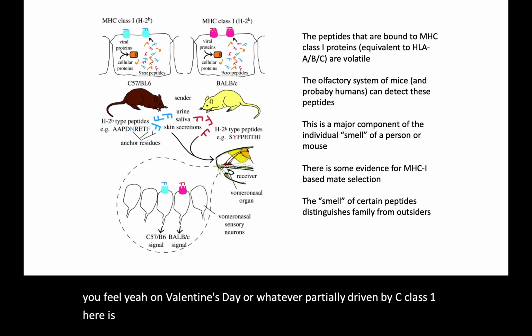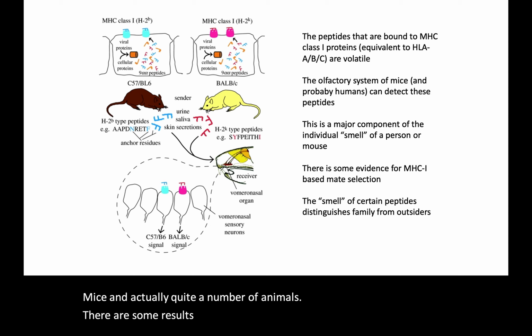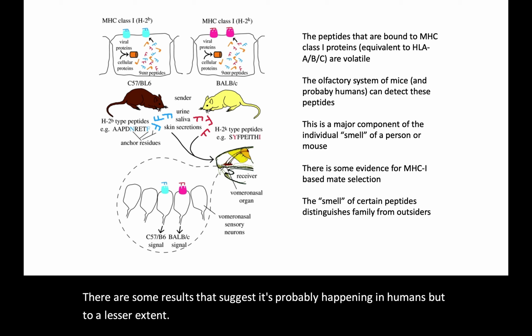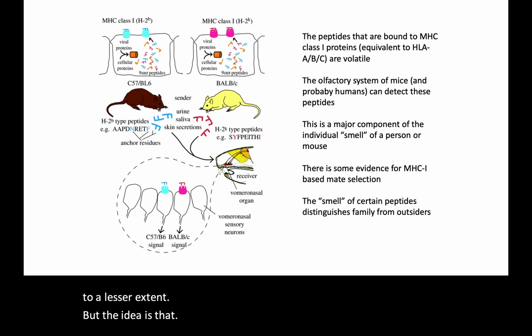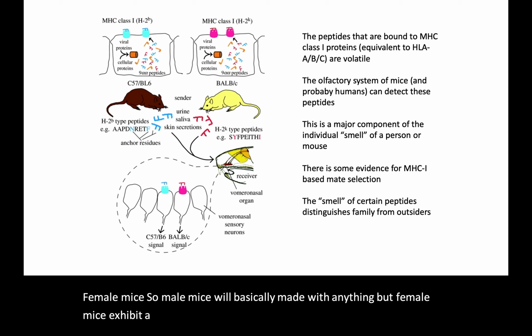This has been shown in mice and actually quite a number of animals. There are some results that suggest it's probably happening in humans, but to a lesser extent. But the idea is that male mice will basically mate with anything, but female mice exhibit a mating preference. They won't let just any male mouse mate. They choose.